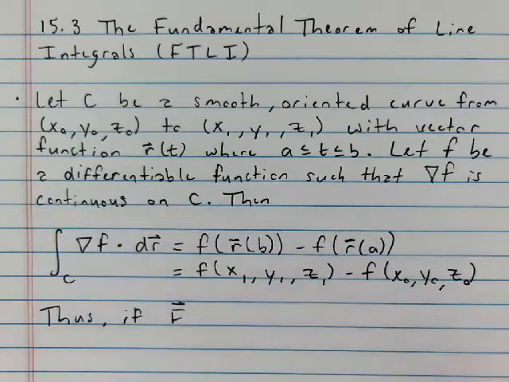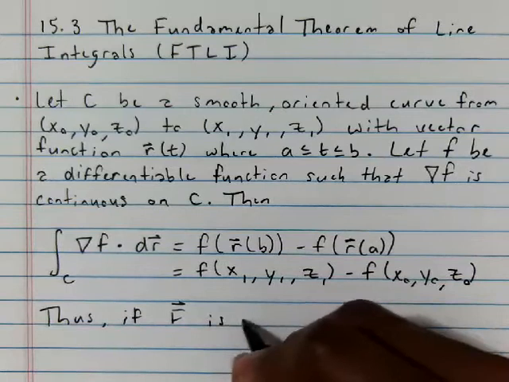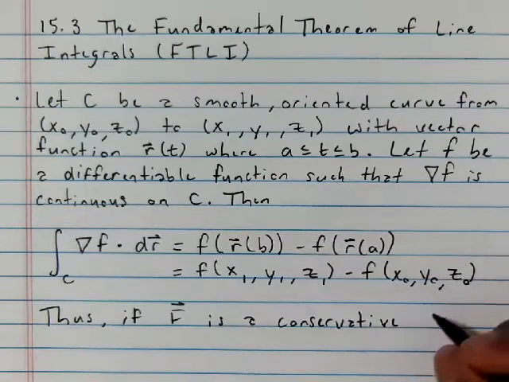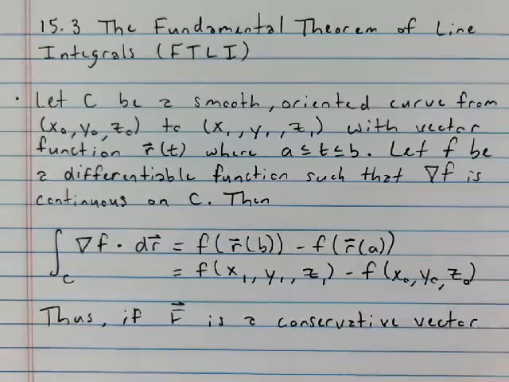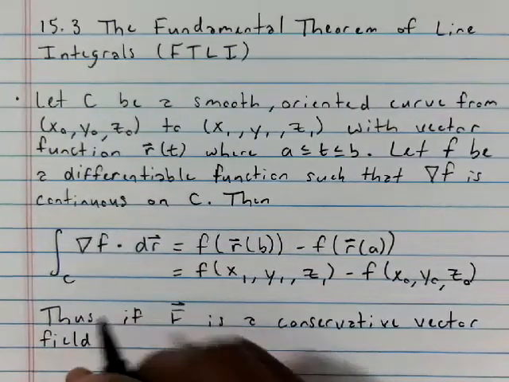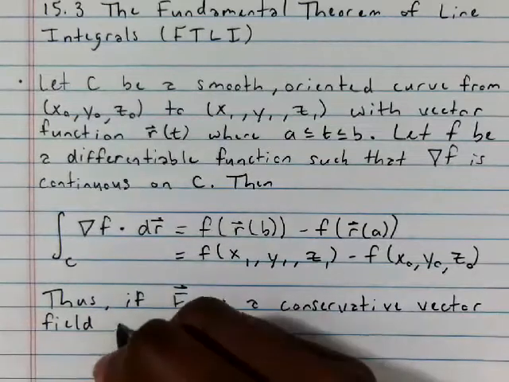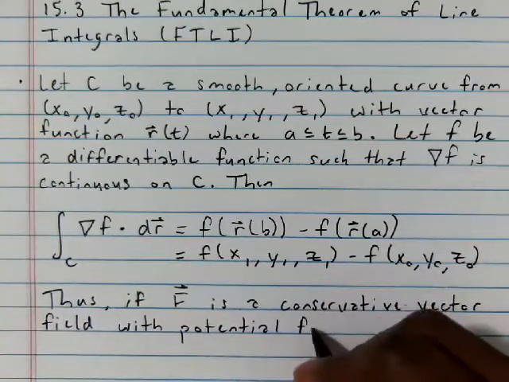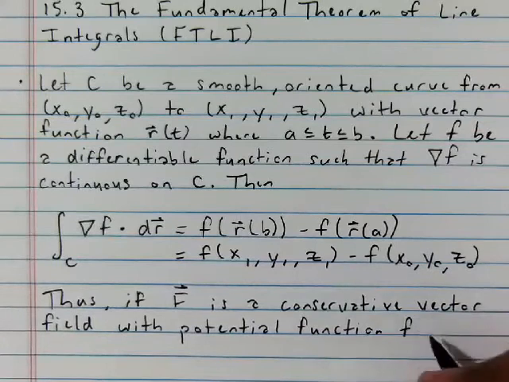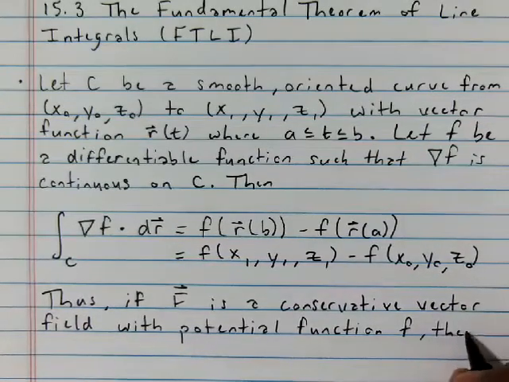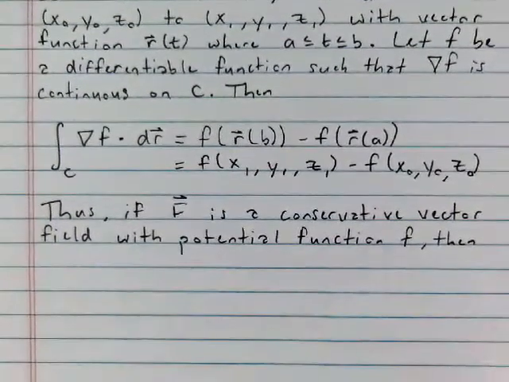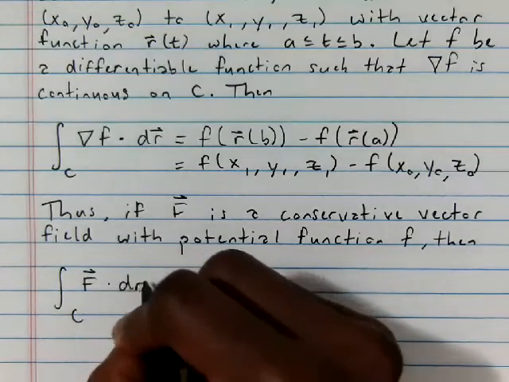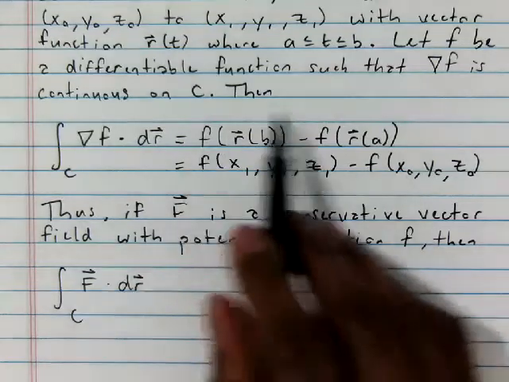So thus, if the vector field F is a conservative vector field with potential function f, then the line integral over C of the vector field F dot dr gives us this exact same thing that we have here.